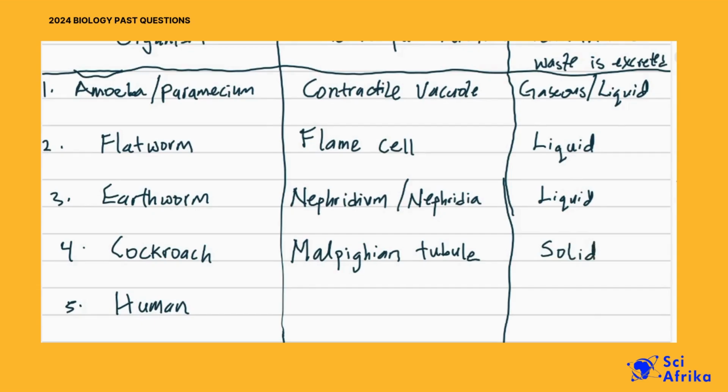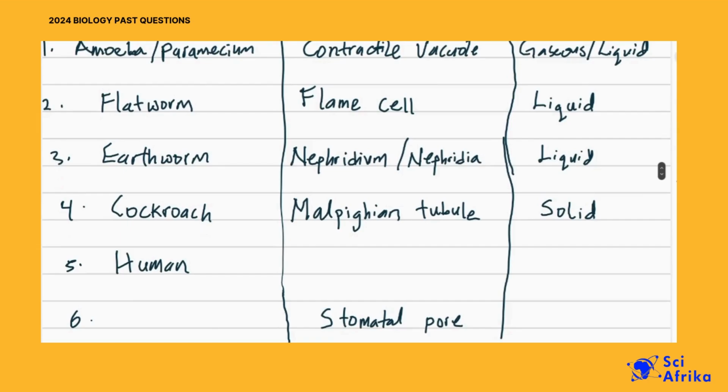So we also have human beings. Human beings have a couple of structures for excretion. We can use our skin for excretion. For example, the skin excretes sweat. We can use our kidney for excretion. Kidney excretes urea in the form of urine. We also have our lungs. Lungs excrete carbon dioxide.